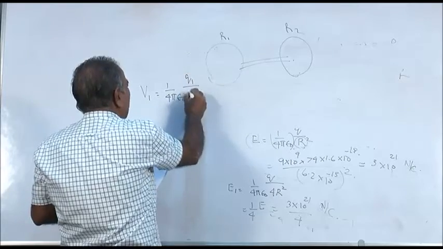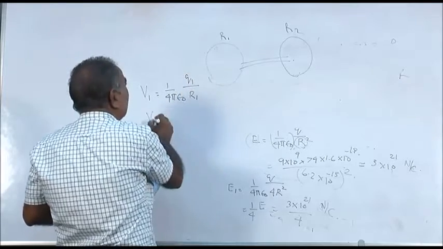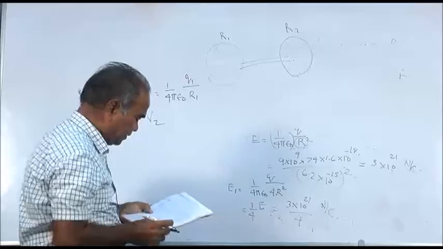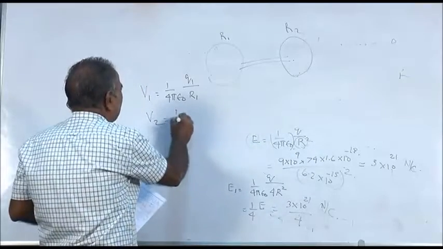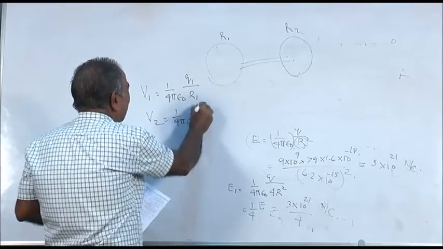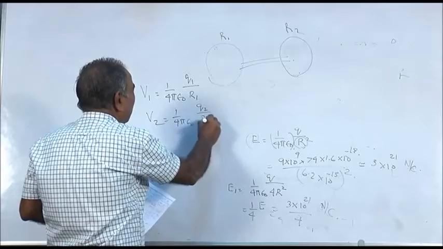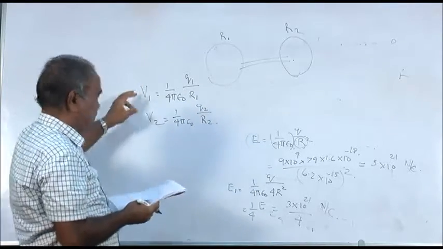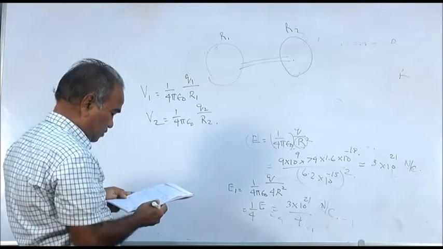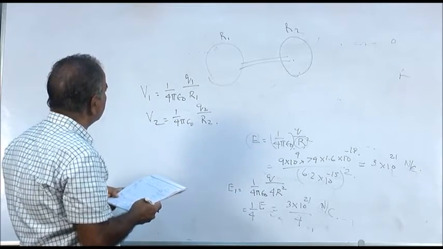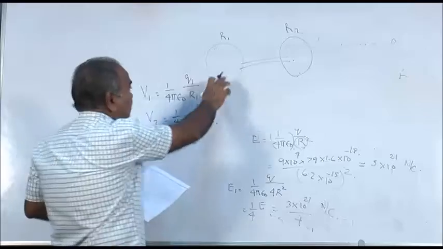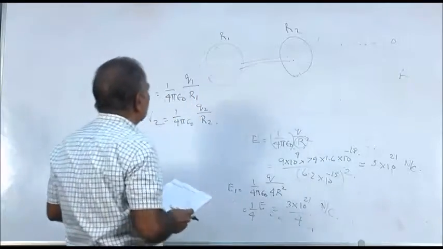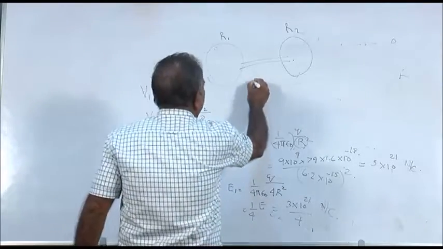Similarly, potential of the second sphere is equal to 1 by 4 pi epsilon 0 Q2 by R2. And since potentials are same when they are joined by a wire, V1 is equal to V2.